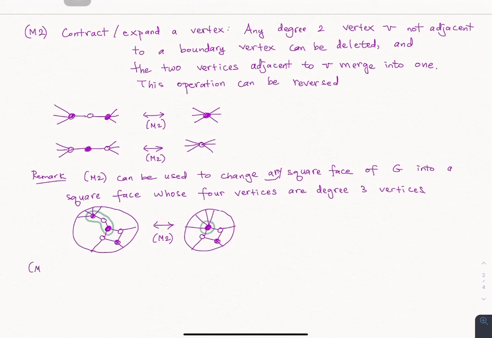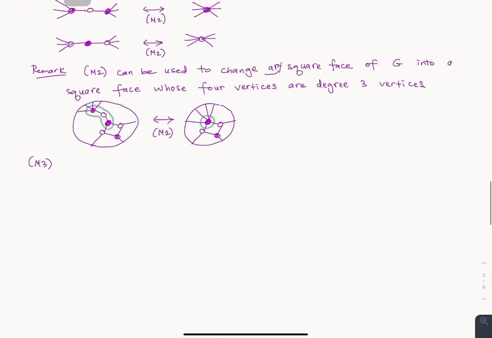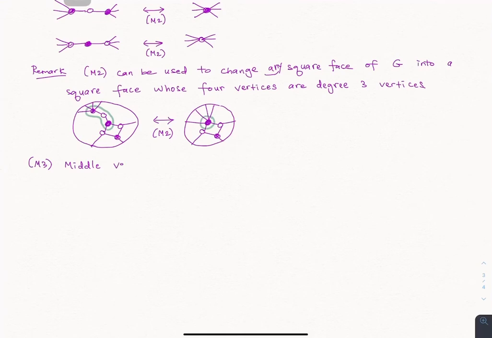And the last local move is where you insert or remove a middle vertex.